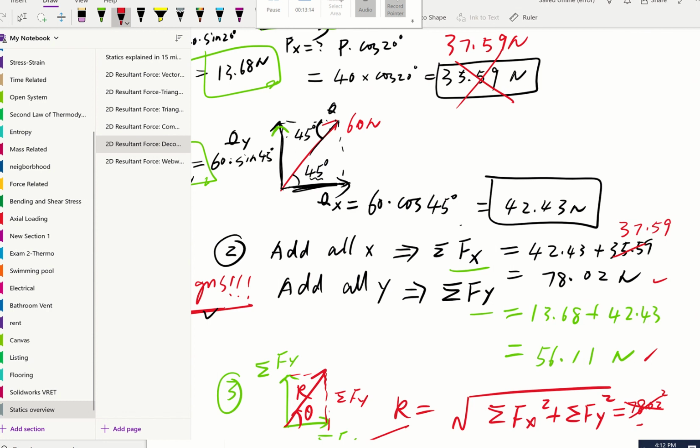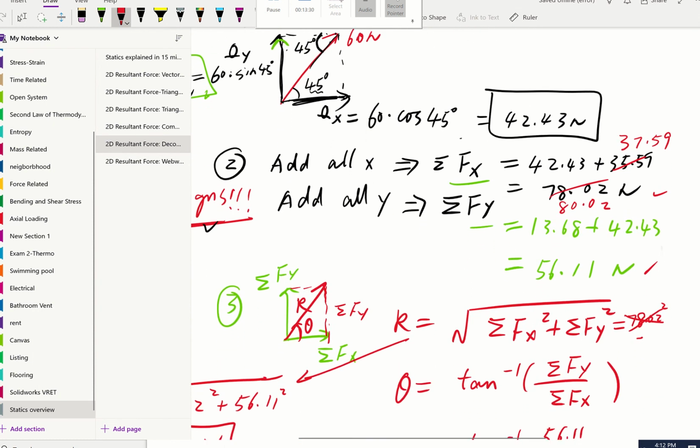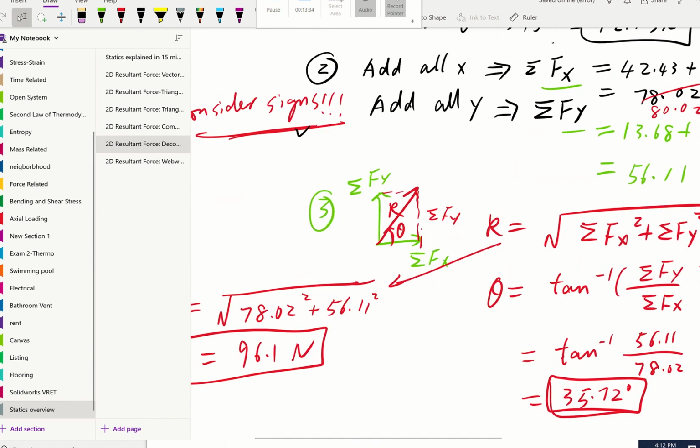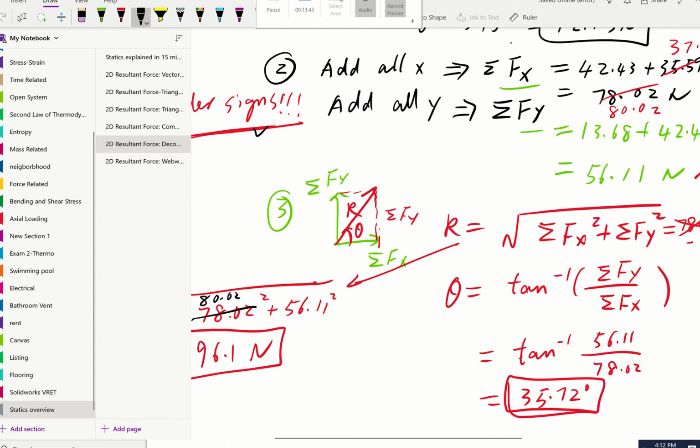So this answer will not be correct. That will be 80.02 Newton. Which number will be fixed? It's a domino effect. So this is wrong. It's going to be 80.02. And this will be wrong also, 80.02.